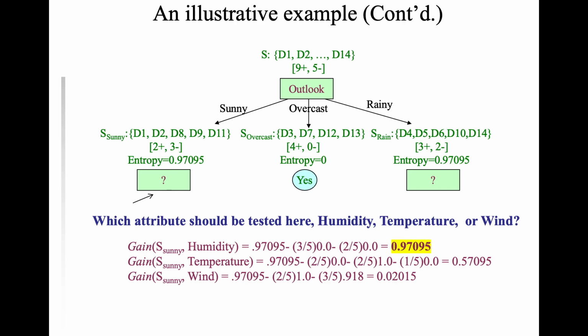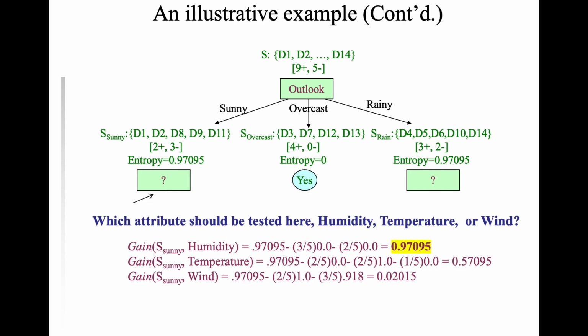So you find the entropy of S sunny when the wind is strong, or when the wind is weak, and you add that and deduct the sum from the S sunny.